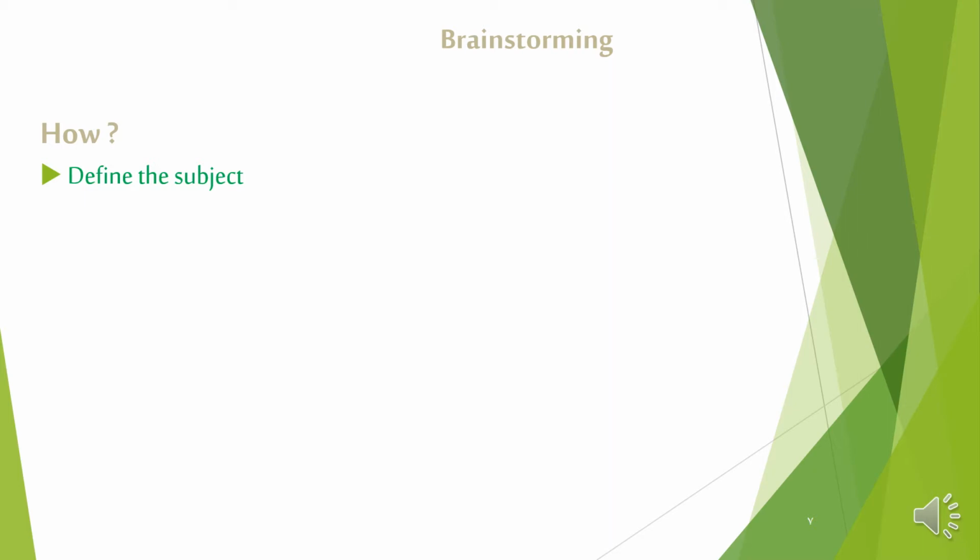How to do it? You have to start by defining the subject. Are you searching for problems, initiatives, causes, or solutions? So identify what you are going to storm the brains for. Number two, give team members a few minutes to gather their thoughts. Hey people, we are going to talk about the causes of the spread of COVID-19 in our facility amongst staff.